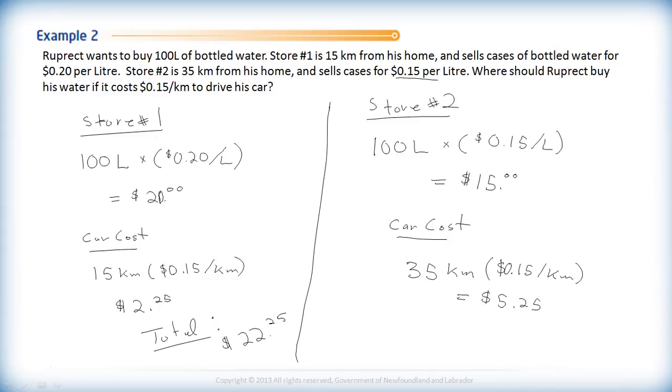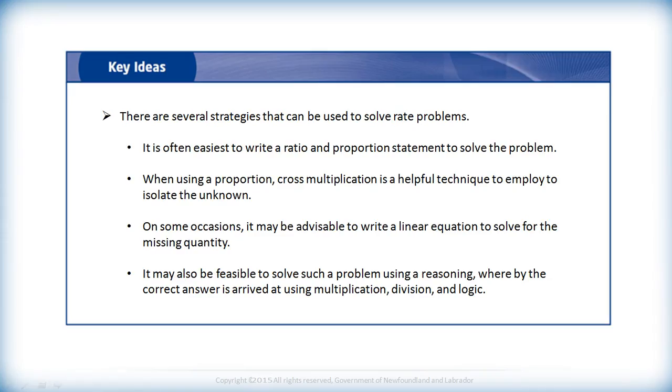Which gives a total cost for that store of $20.25 using a cost analysis. It's cheaper for Ruprecht to drive the extra 20 kilometers and buy the cheaper water in this case. All right, Ruprecht, go for a drive.